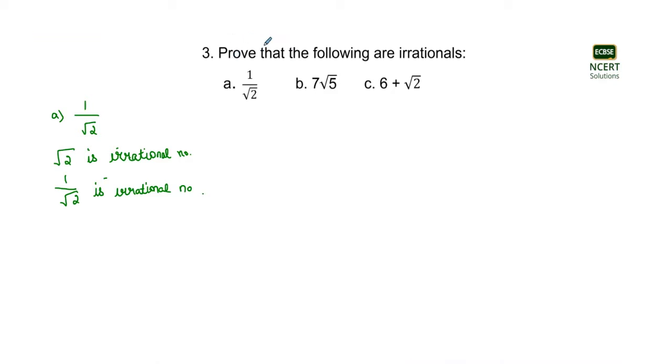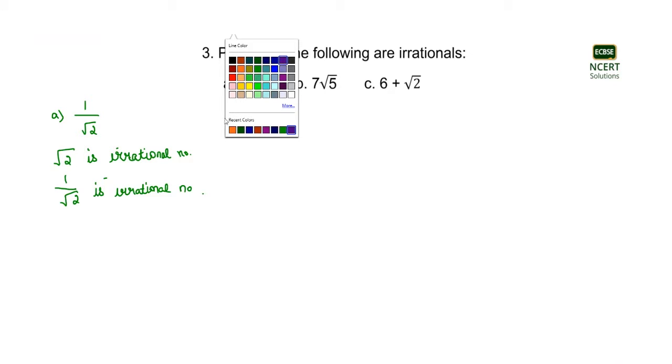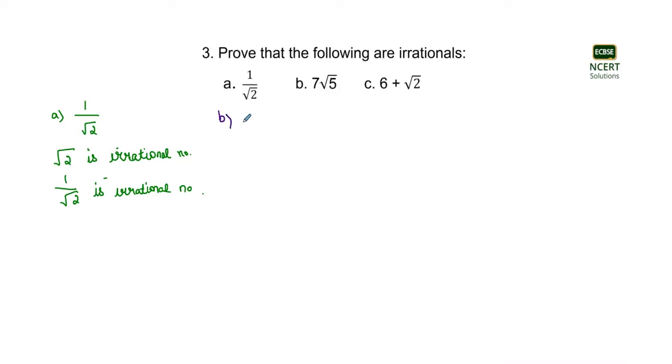Now coming to the B part of this question, the number provided is 7 root 5. As we know, root 5 is an irrational quantity, as we proved in question first. So if 7 is multiplied by an irrational number, the result will definitely be irrational.